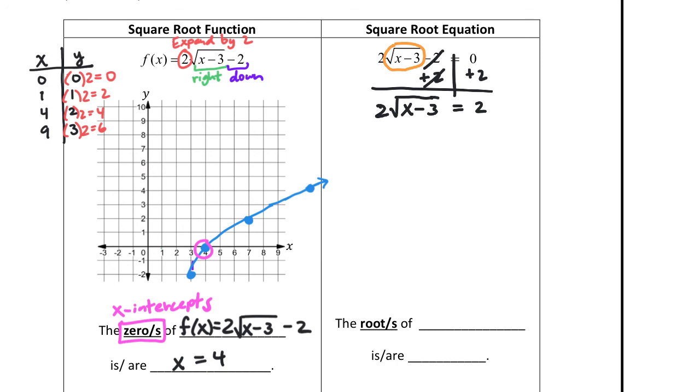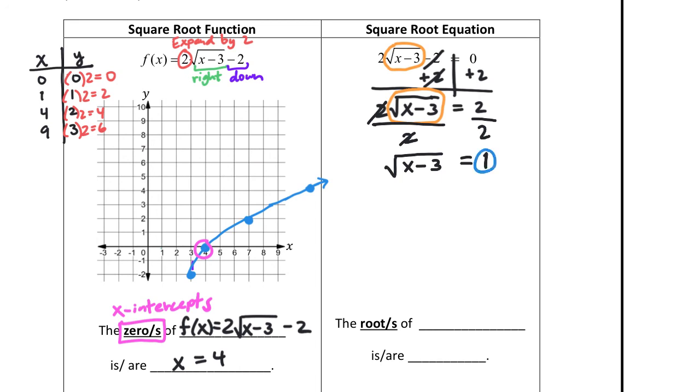But I still need to get the square root term by itself. So how do I get rid of the 2 in front of it? What's the opposite of multiplying? Dividing, right? So divide both sides by 2. 2 divided by 2 is 1. 2 divided by 2 is 1. All right.